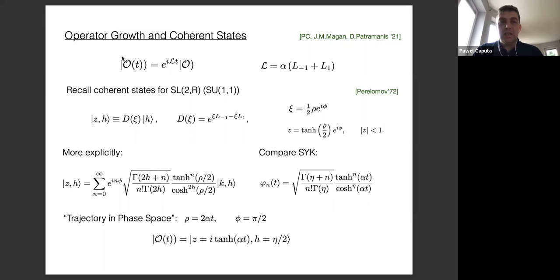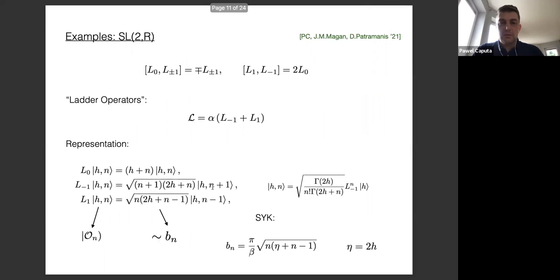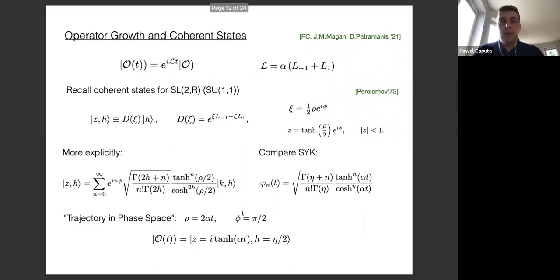So actually, for the state that we are talking about, and maybe this is important here, the state associated with operator O of 0 is just the highest weight state h. That's important. And if you think about this state expanded in this Krylov basis for the symmetry scenario, this becomes nothing but a certain displacement operator of this generalized symmetry acting on the highest weight state.